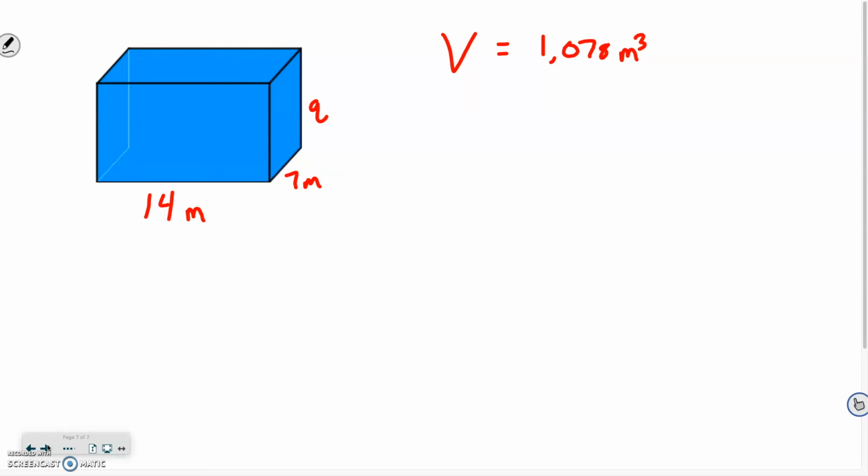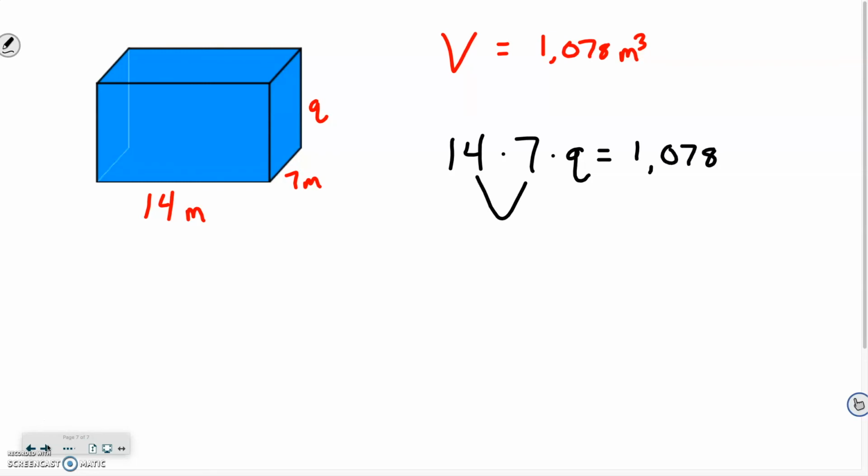I guess we have one more. Go ahead, figure it out, push play when you got it. So, length 14, width 7, height Q equals 1,078.